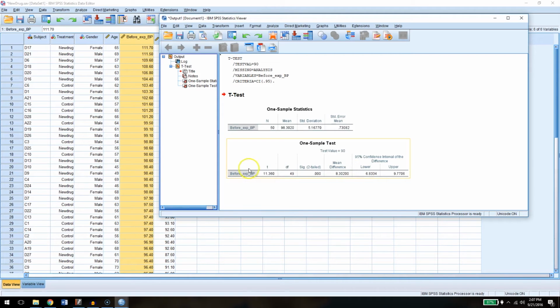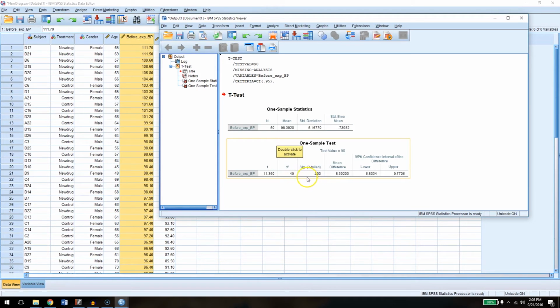Here then is the one sample t-test, where the t that we compute is 11.36. That's when we take our sample mean and fit it into our distribution given this degrees of freedom. 49 is our degrees of freedom because 50 minus 1 is equal to 49.